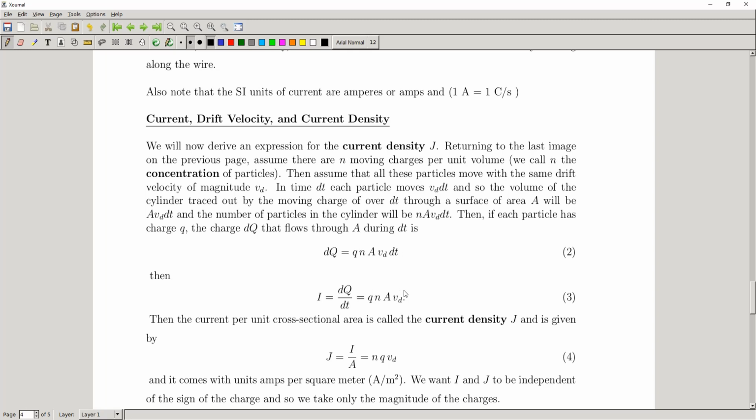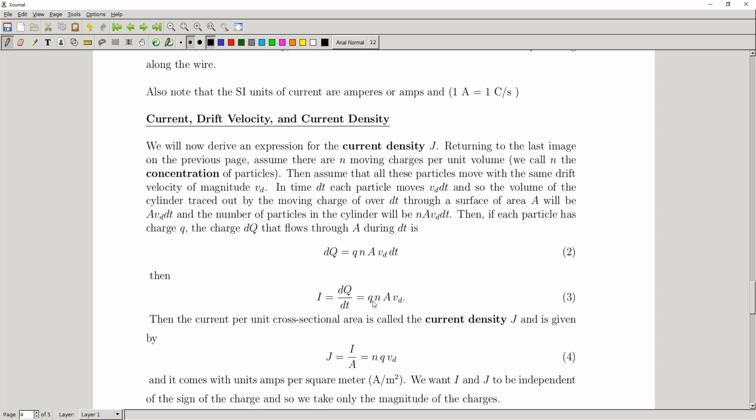And now we can finally, as we wanted to at the beginning of this paragraph, define our current per unit cross-sectional area, which is called our current density, and we give it the symbol J. It's defined as the current over the cross-sectional area through which that current is flowing. Okay, and we have this definition for it here.